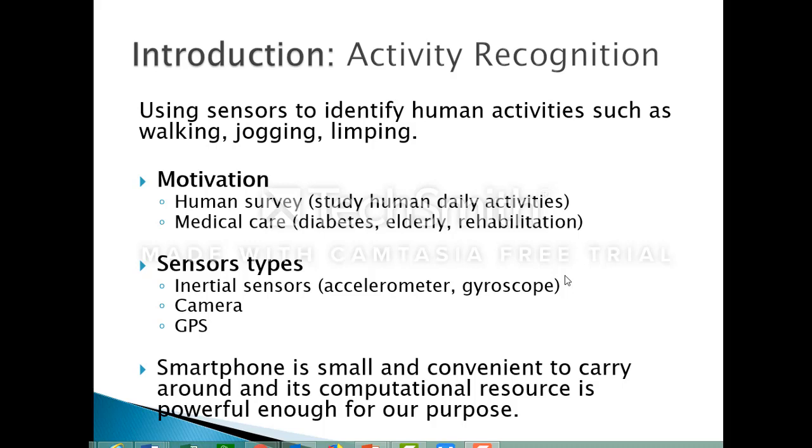So this data set has a lot of feedback, and people reacted to it, and they used it in their research and did a lot of experiments on it. So they are using sensors to identify human activities.